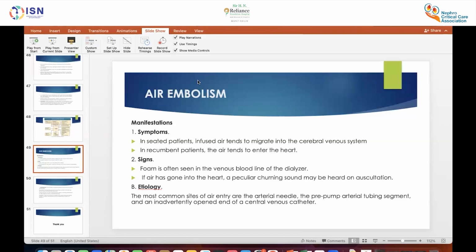Right, sir. Yes, sir. So what happens is that if the air goes inside, it goes into the pulmonary circulation and into the pulmonary artery, and it goes into the periphery and causes blockage.